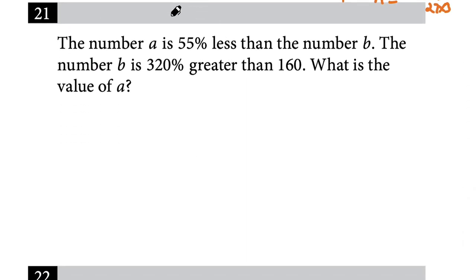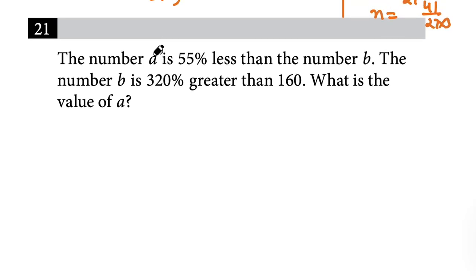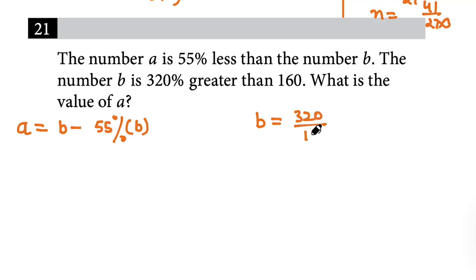Okay, let's come to question number 21. The number A is 55% less than the number B, and the number B is 320% greater than 160.